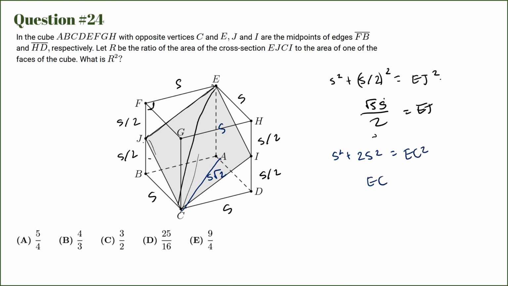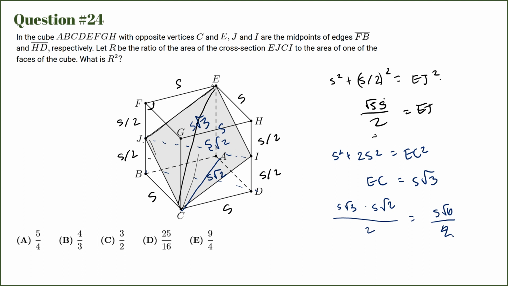So EC equals S root 3. And what is JI? Well, JI is just going to be the same as BD because it's just S over 2 higher than BD. And BD is S root 2. So S root 3 times S root 2 over 2 equals S squared root 6 over 2. And that's the area of EJCI.